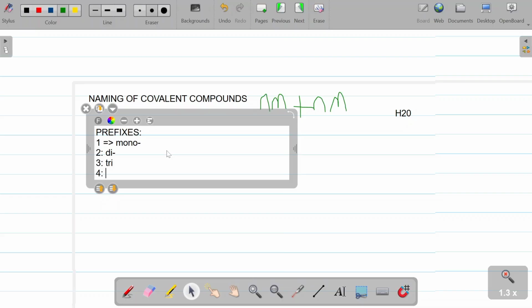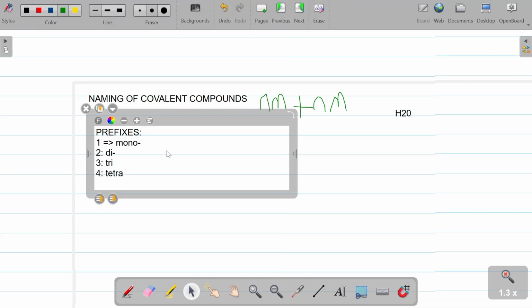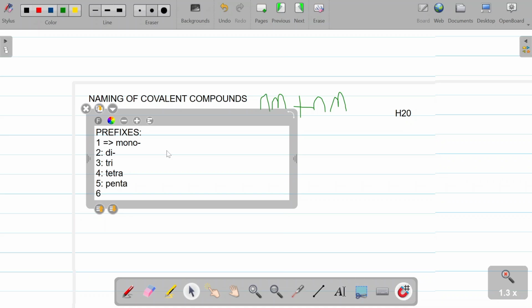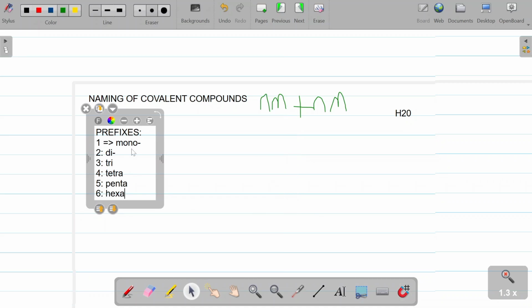If it were four, we would say tetra. If it were five, we would say penta. And if it were six, we would say hexa. So let's just have these prefixes in mind and keep it somewhere in our brain.